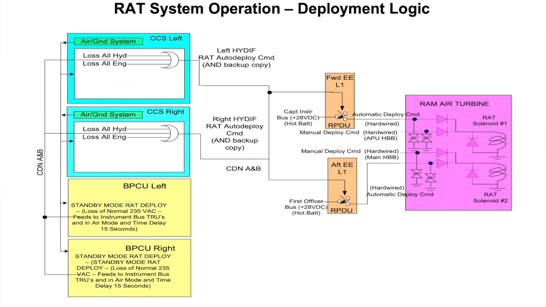The command to deploy the RAT can come either from the left or right Common Core System, CCS, or either the left or right Bus Power Control Unit, BPCU.